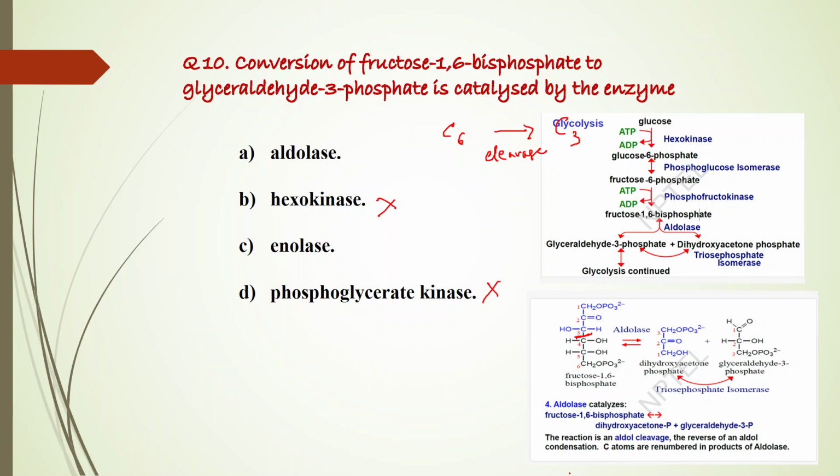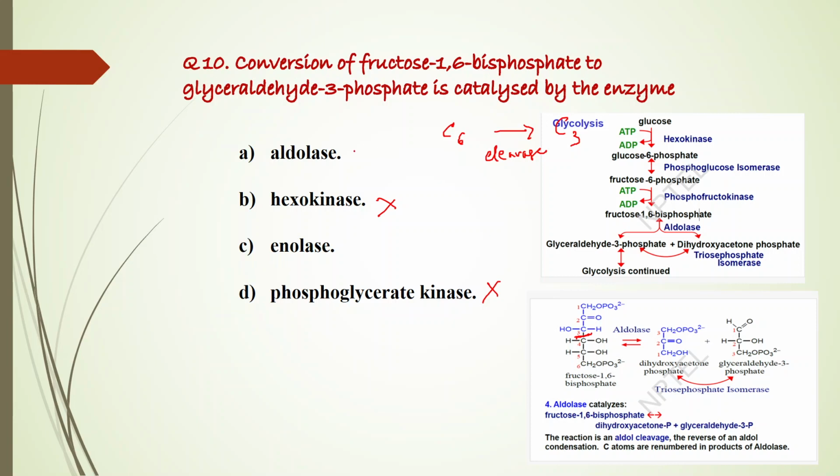So what is its function? The reaction is aldol cleavage. You can see in this structure, this is what? This is an aldol. You are cleaving it. So what enzyme will be involved here? Obviously aldolase. If it was an enol, then in that case you would have involved the enolase. But this is aldol.